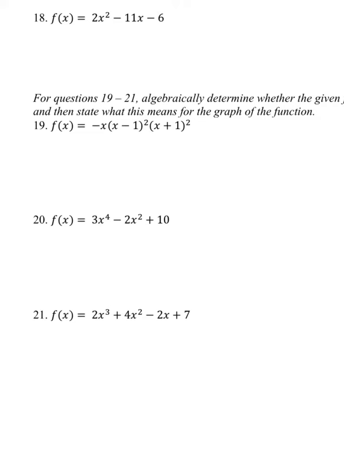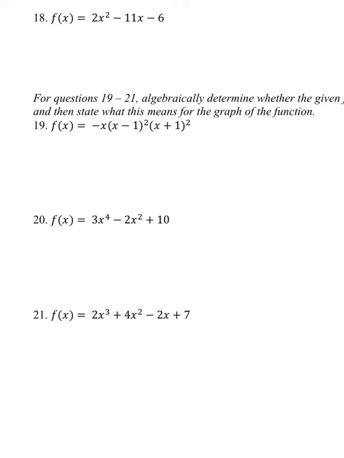F of x crosses the x-axis. And then you state those 3 points back. At x equals 1/2, x equals 5, and x equals negative 3. And that's it for multiplicity for number 16, because again, there wasn't an odd and an even, it was just an odd.